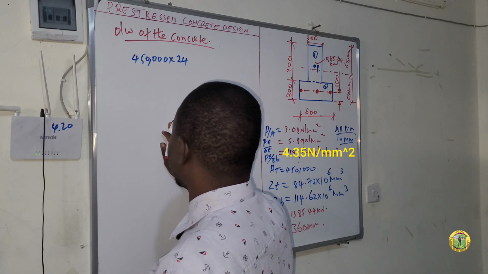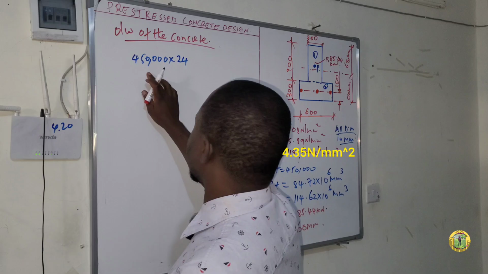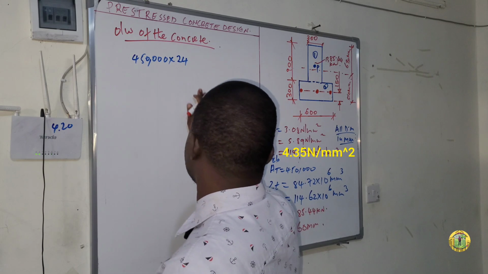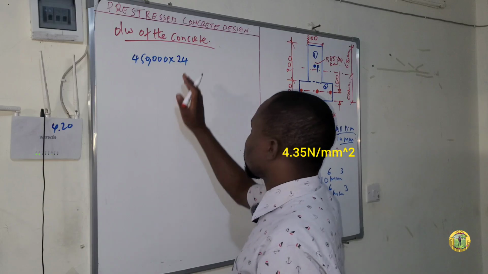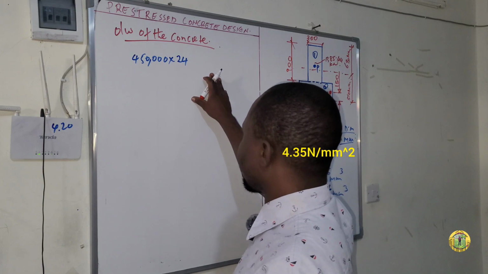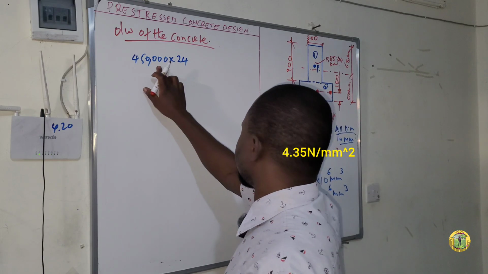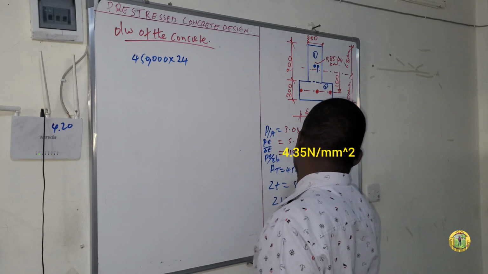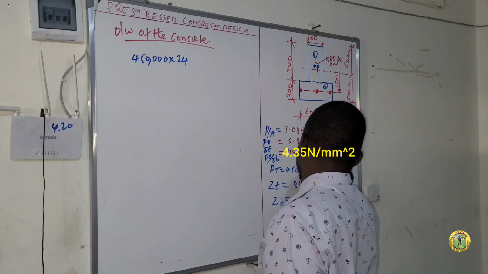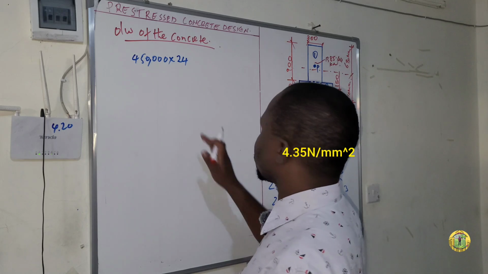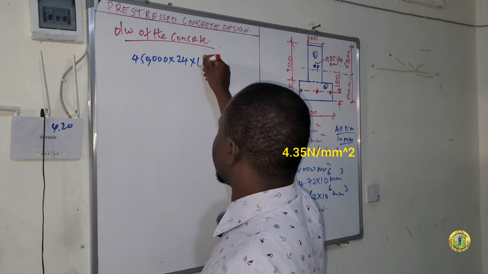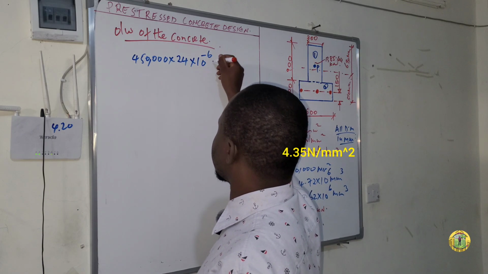If you multiply 450,000 times 24, you will get the own weight of the concrete. But this 450,000 is in millimeter square, so we are now supposed to change this from millimeter square to meter square. So you will multiply by 10 to the power of negative 6.